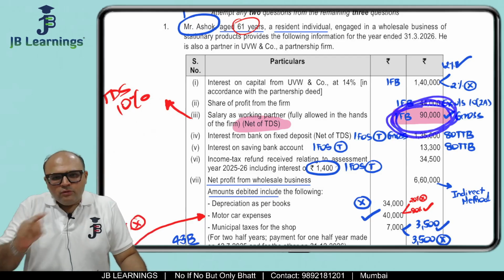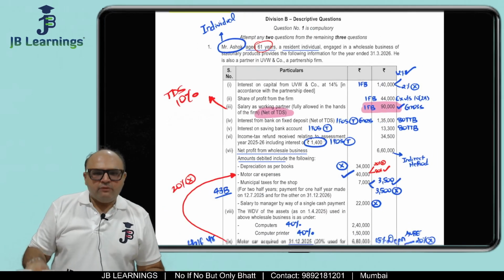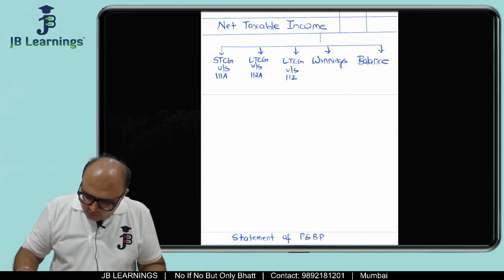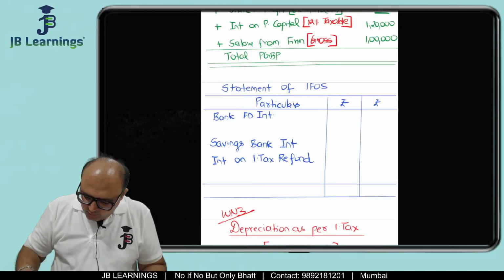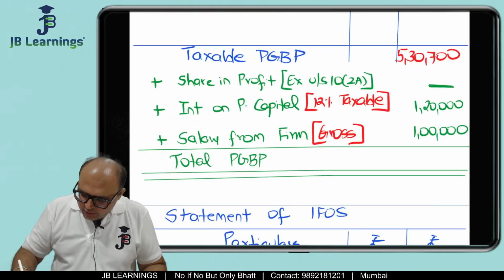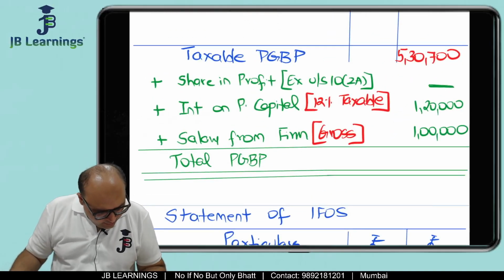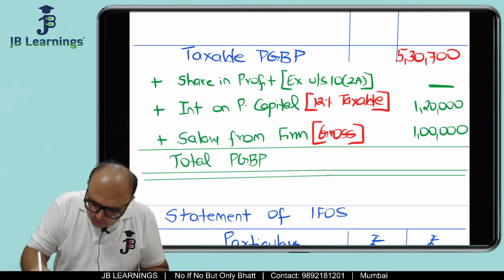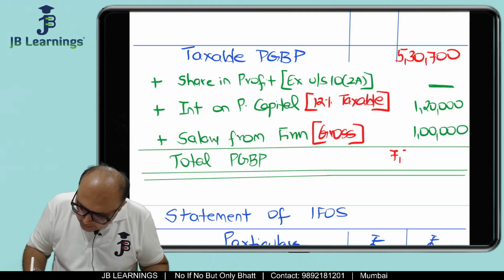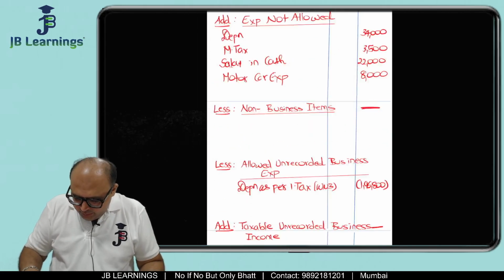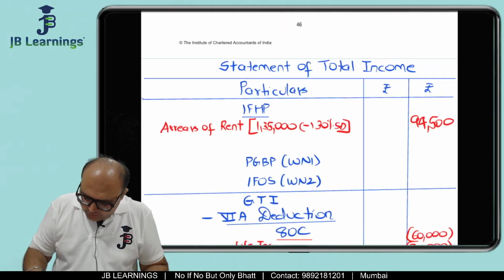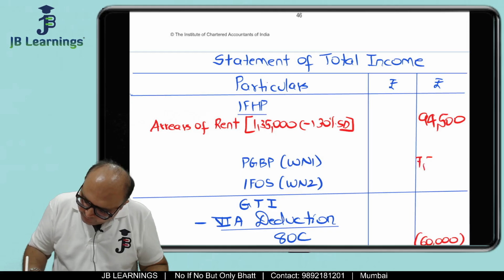So we just have to do cross multiplication or whatever is the formula that you have learned. So the amount is 1 lakh. So you are supposed to do this. Now after doing everything, what is going to be our PGBP? 7,50,700. So this is your PGBP.